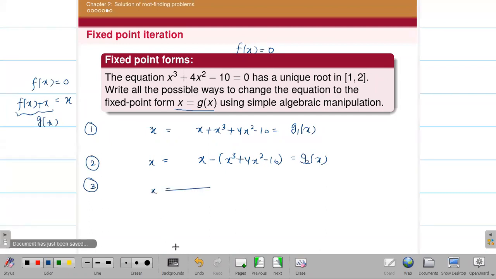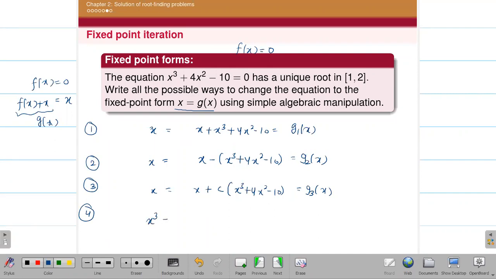There are several ways actually. x is equal to x plus c times x cube plus 4x square minus 10, which is g3 of x. If you change the c, you will get these. If I take c is equal to 1, that will give you g1 only. If you take c is equal to -1, that will give you g2 only.